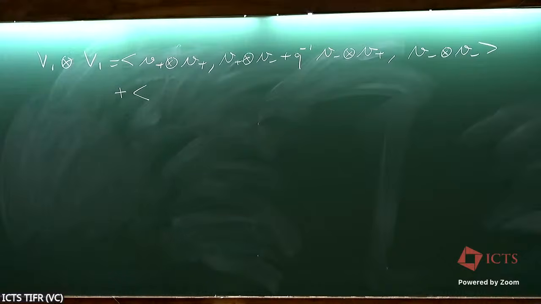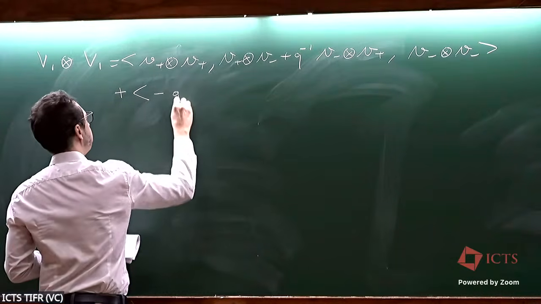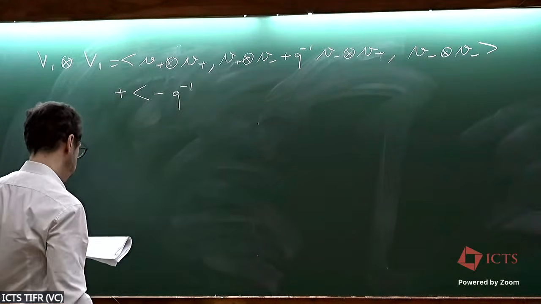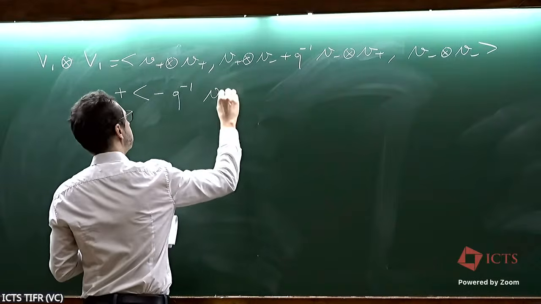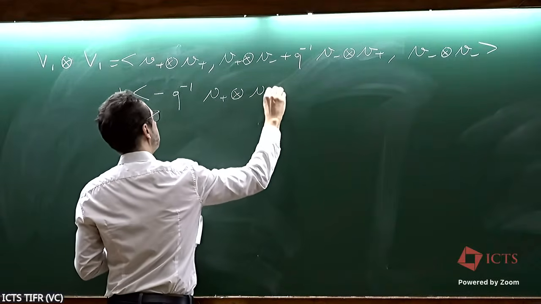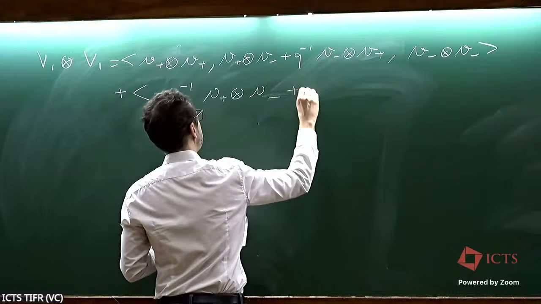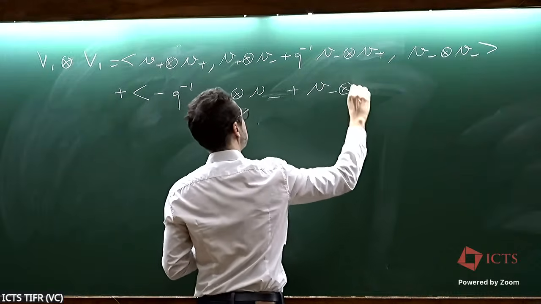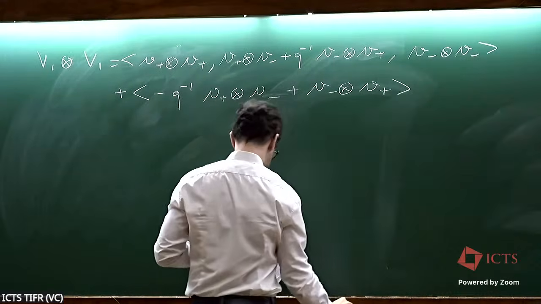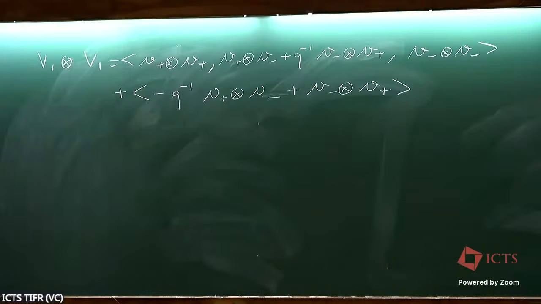And again, it's twisted because of the formula for the coproduct. So here you have minus q^-1 v plus tensor v minus, plus v minus tensor v plus.